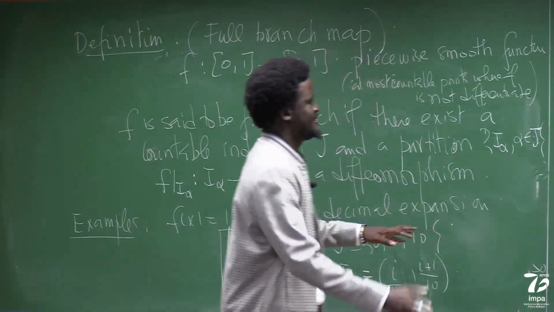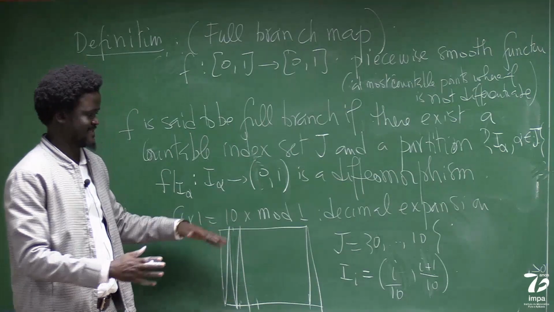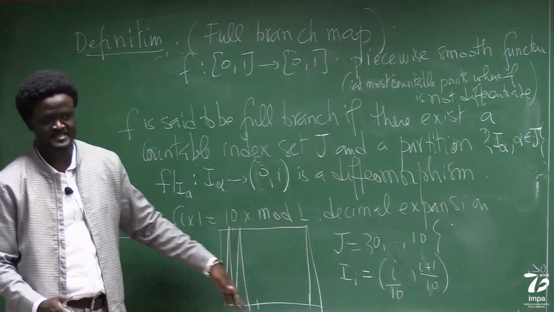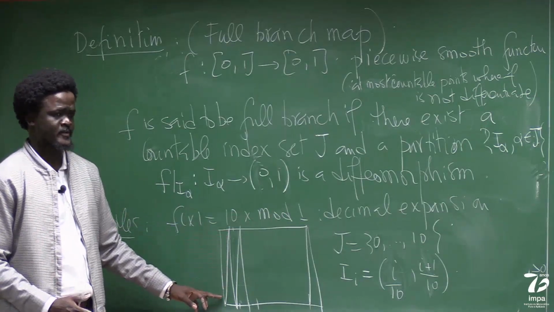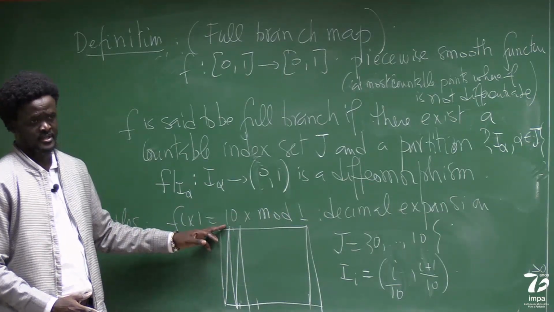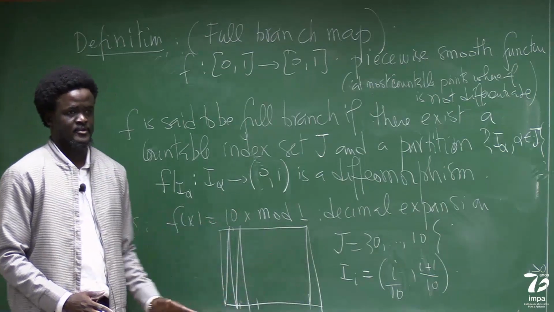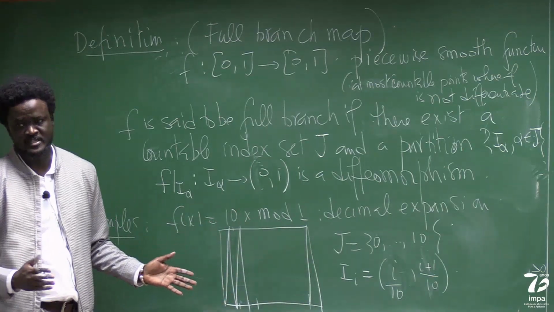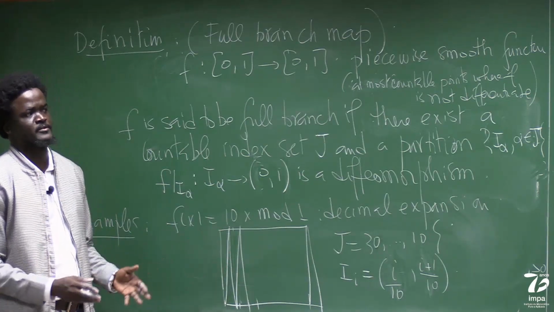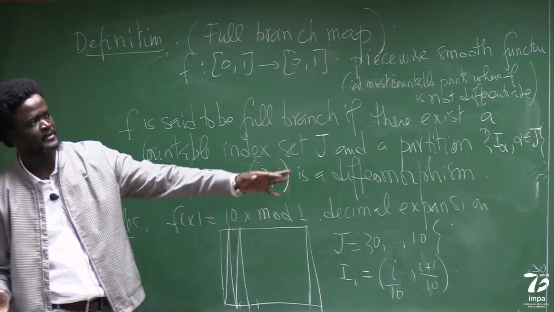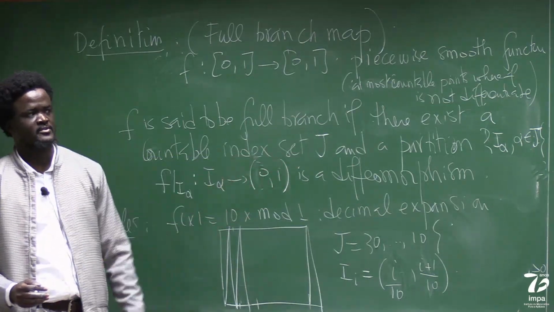Because mostly they have something in common, whether the branches are countable or not, linear or not. When the branches are linear, Lebesgue measure will be invariant. When the branches are not linear, the measure will not differ much from Lebesgue. It will be kind of equivalent to Lebesgue in this sense.